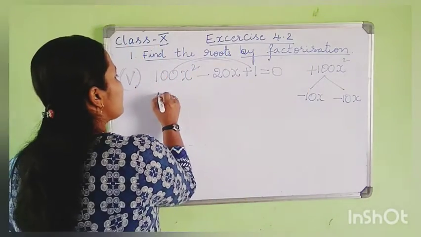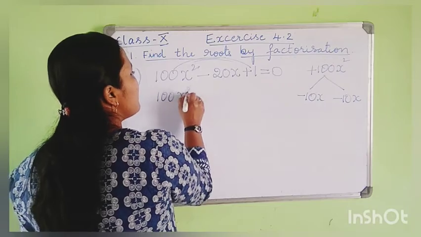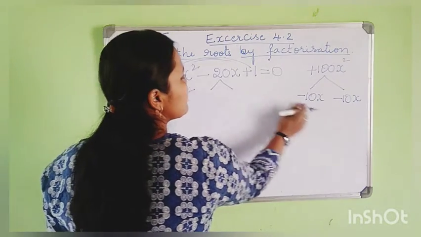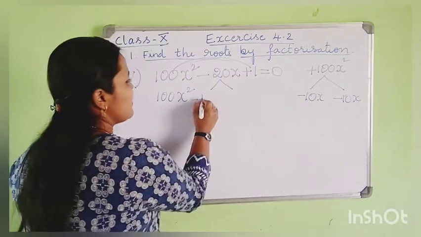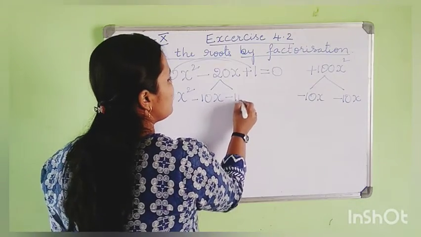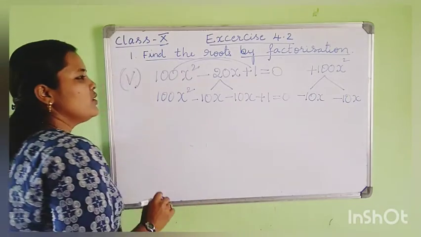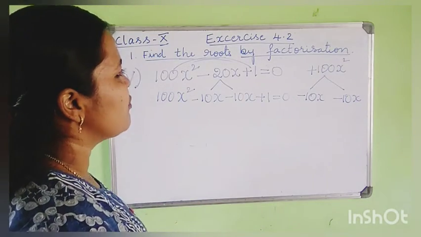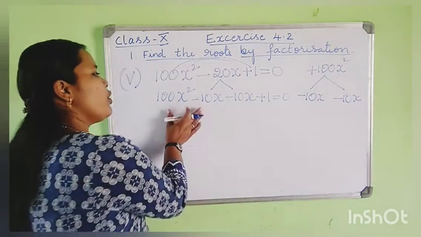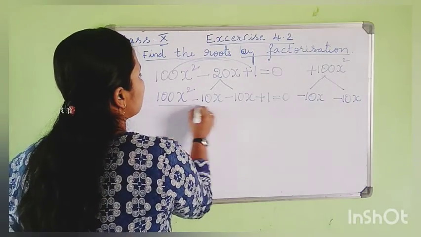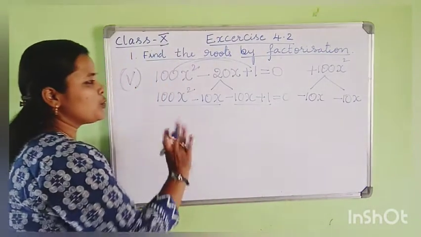So next, this 100x square you replace as it is. Minus 20x can be taken as minus 10x and minus 10x, right? Minus 10x and minus 10x plus 1 replace as it is. Now it is easy for you, already we have done 4 problems. So here group two factors.